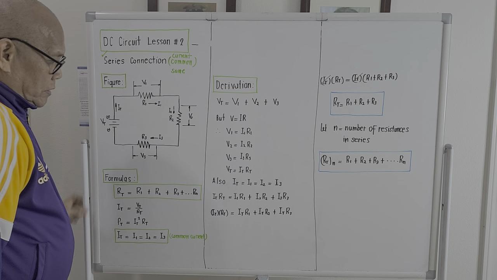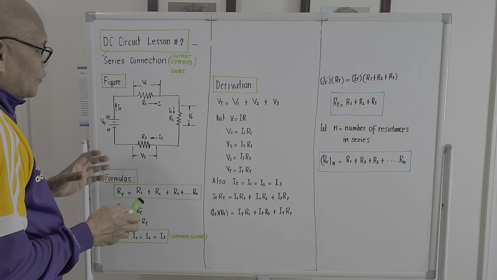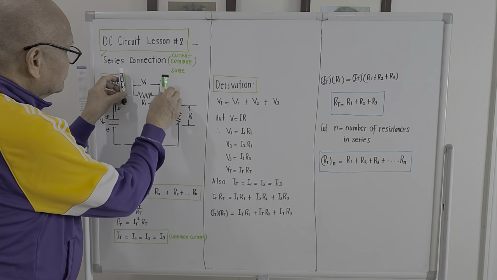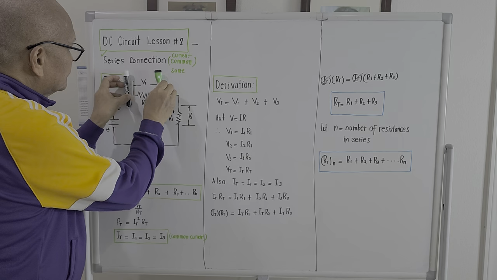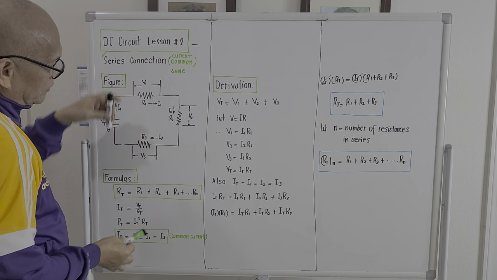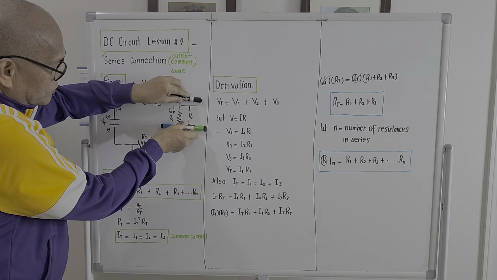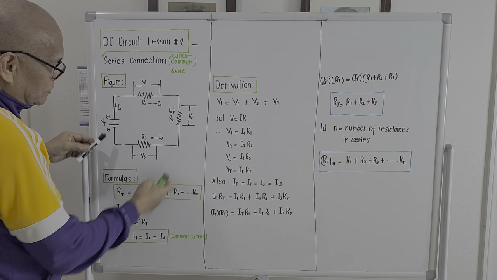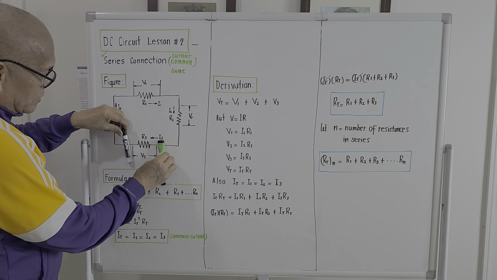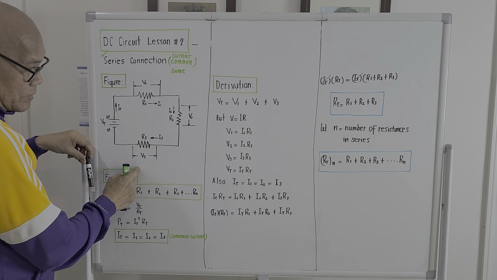If we try to get our voltmeter here, the voltage across R1 is B sub 1. The voltage across R sub 2 will be designated as B sub 2. And the voltage across R sub 3 will be B sub 3.